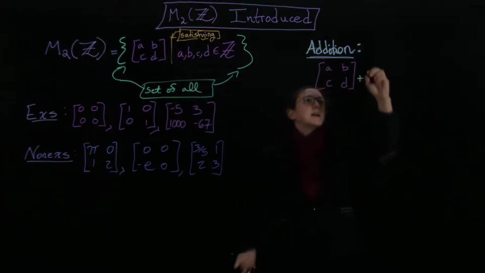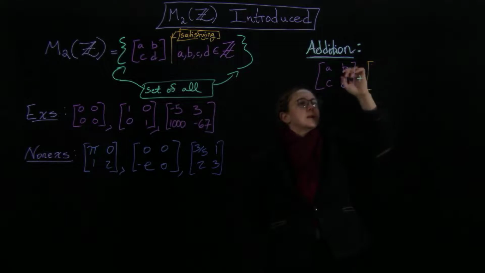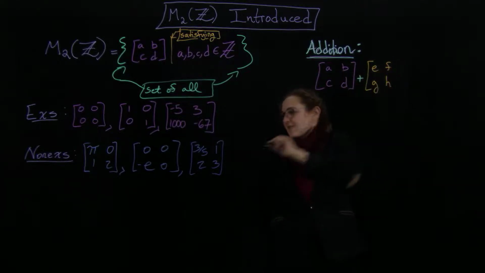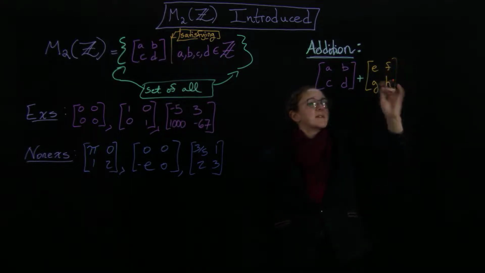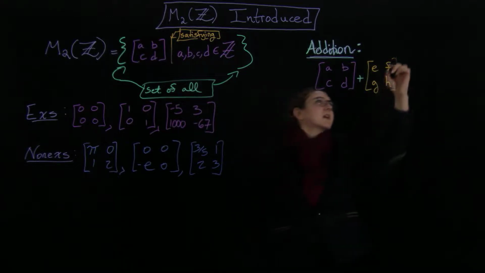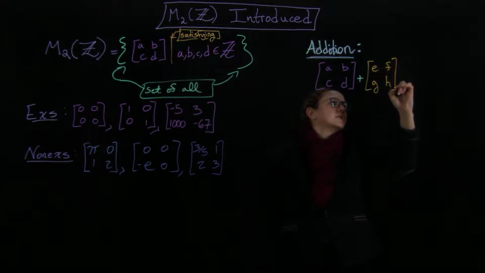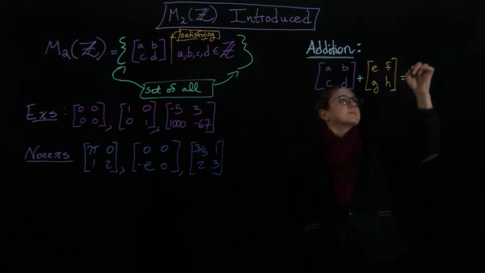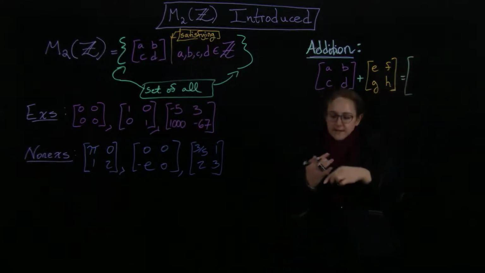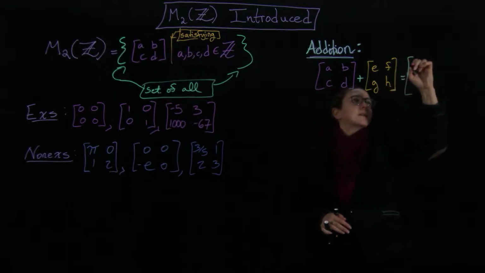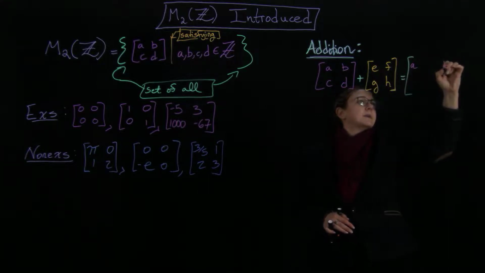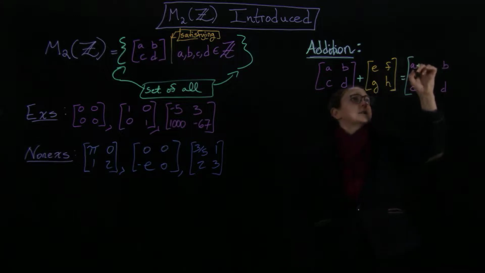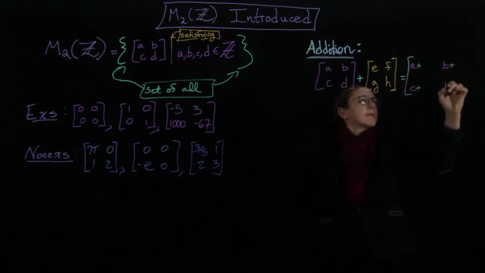And then I add to it A, B, C, D, E, F, G, H. Notice this is not the e like that; now it's being used as a generic element of the integers. If I want to add them like this, what do I get out? You have A and B and C and D, but then you add to each of them the corresponding coordinates.